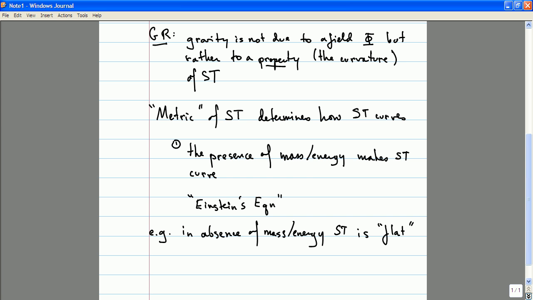The word that we use to describe a geometry with no curvature is we say that it is flat. And in particular, space-time is the usual space-time that we have been using so far in this course. Namely, it's the usual space-time that we use in the study of special relativity in the absence of gravity.